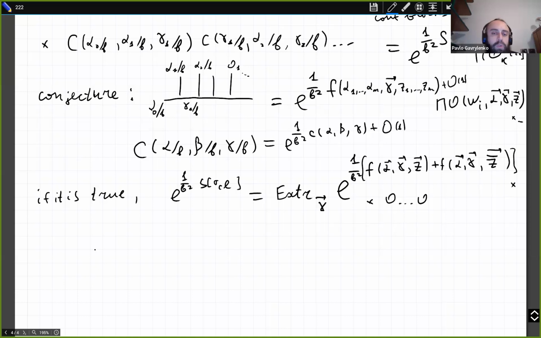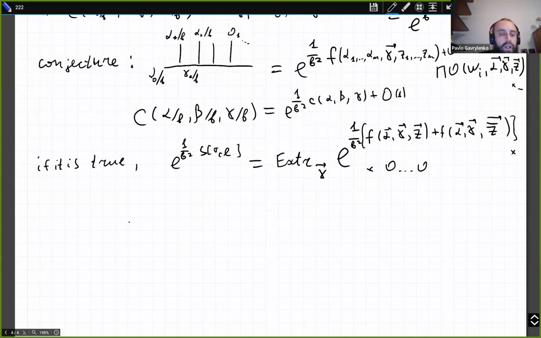There can be no surprises, and if you take some arbitrary conformal block and compute this object, like take the logarithm of the conformal block.